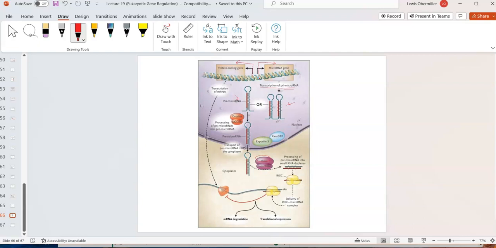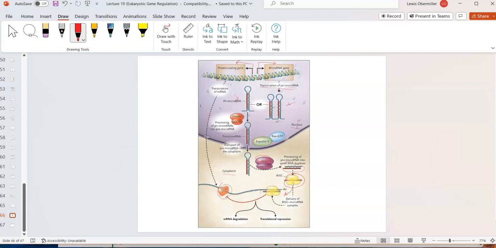All right, so this can go outside and into the cytoplasm. So this is the nucleus. This is the cytoplasm. These are exported out of the nucleus as microRNAs. Dicer binds to that. It does the same thing with the RISC complex, and then that can silence the gene by chopping up the RNAs.